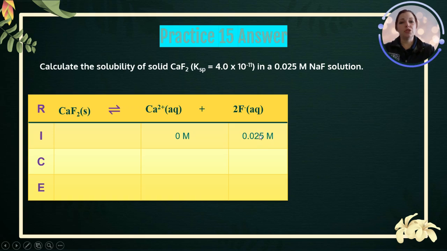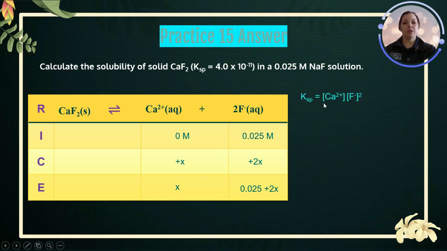Note that this is your initial concentration, so we don't take into account the coefficients at this point, because this is how the solution exists before we add the CaF2 into it. So initially, before the solid starts dissociating. When it does dissociate, we're going to have plus x for Ca, plus 2x for F-, and then 0 plus x is equal to x, and 0.025 plus 2x is our equilibrium for our F-.